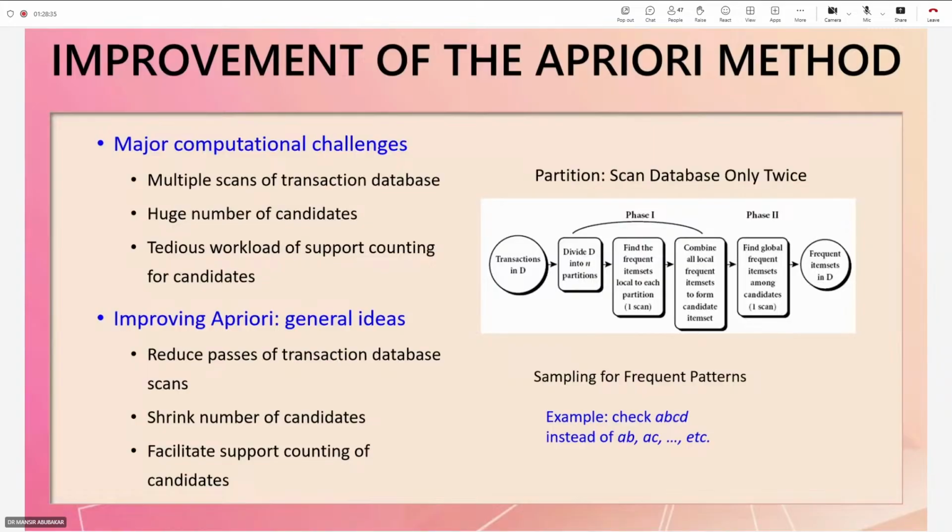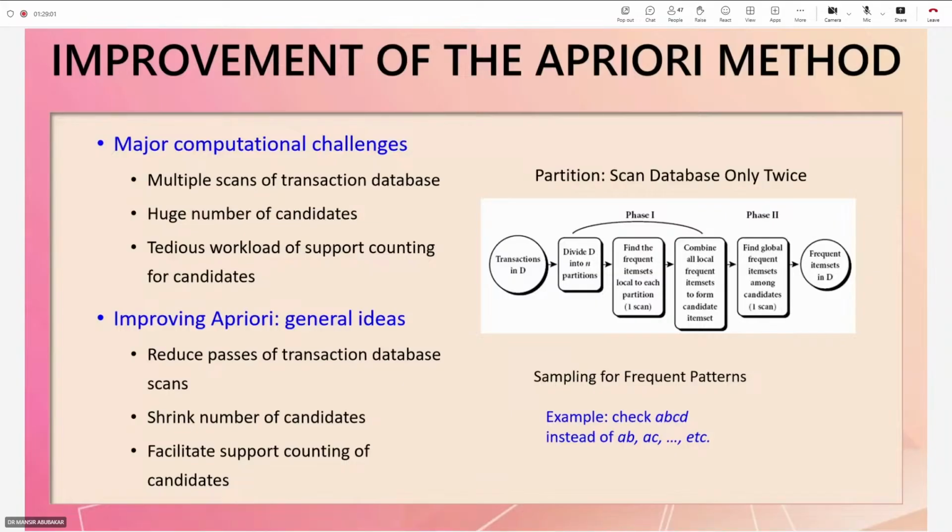Because once we say that these are the computational challenges, definitely the way out has to be found. So this is why another method, which is called the frequent pattern algorithm, is proposed, which partitions the data only twice.